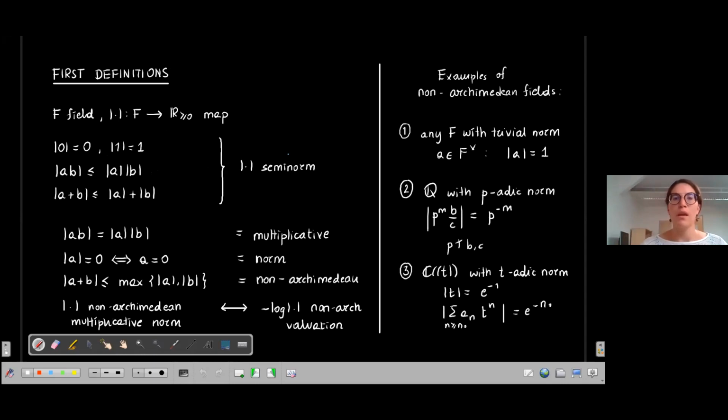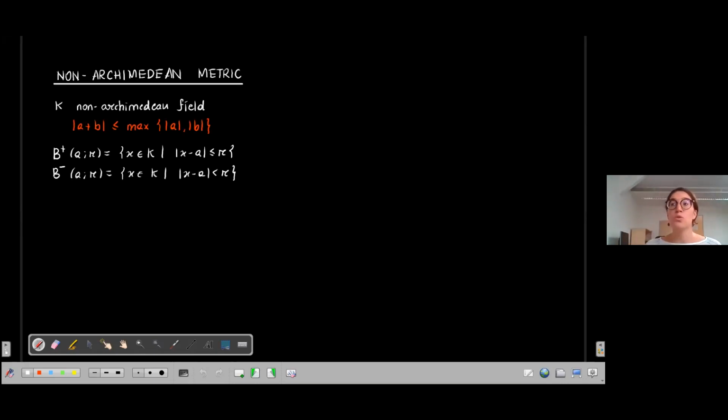Okay. Then let's move to the topology that we can define once we've given a norm. Here I recall what makes our case of the non-Archimedean field distinguished from the Archimedean: it's really this strong triangle inequality. We can define as usual the notion of a ball.